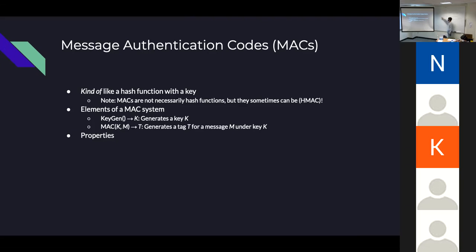If they're equal, then I know that Mallory has not changed the message, otherwise the MAC would be different. Yes. What if you, so this is assuming you have the message you're hashing first, right? Yes. Okay. So remember, tags are fixed length, so you need to send the message along with the tag.